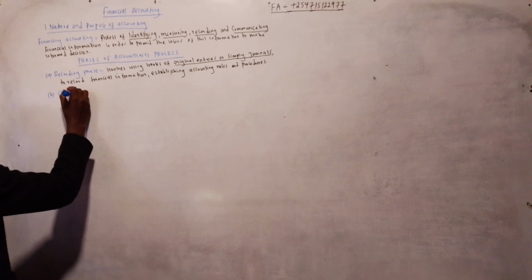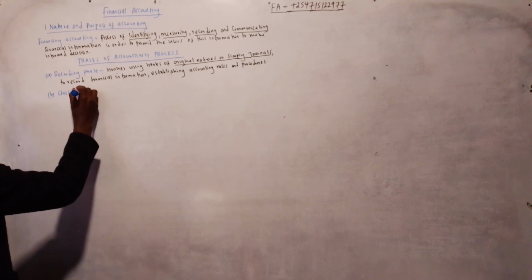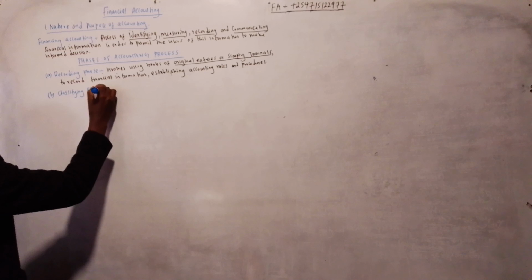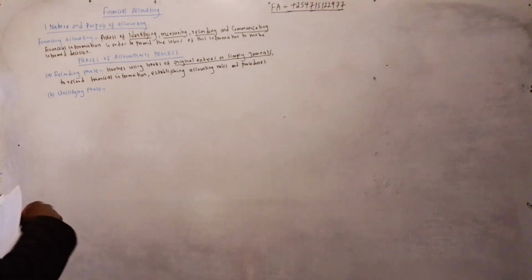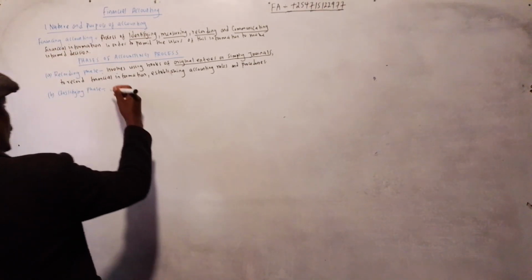When we talk about the classifying phase, we are talking about sorting the information or grouping the information together. So we sort similar items, or we group similar items together.